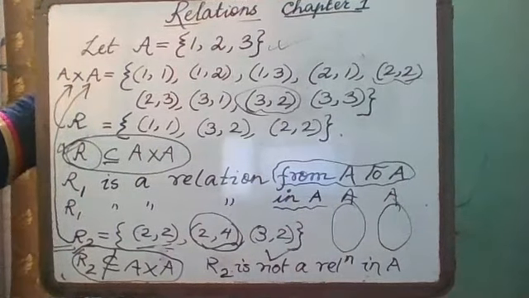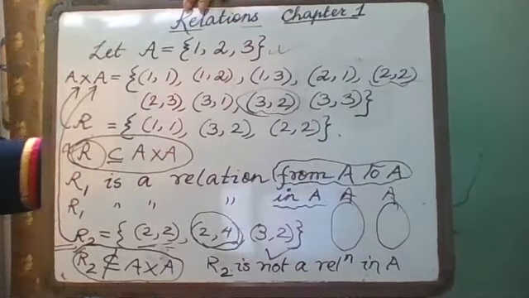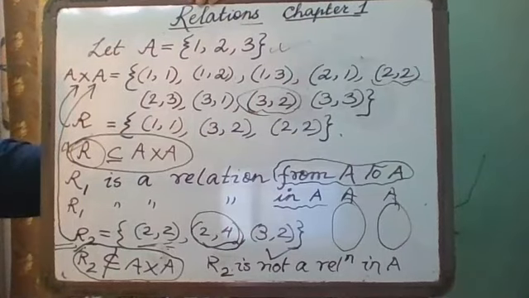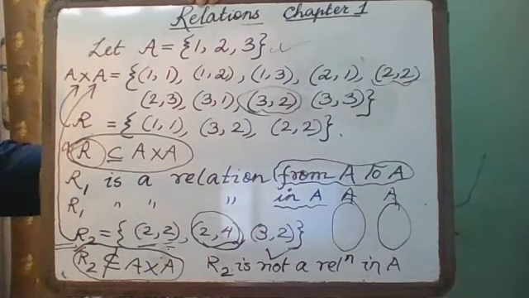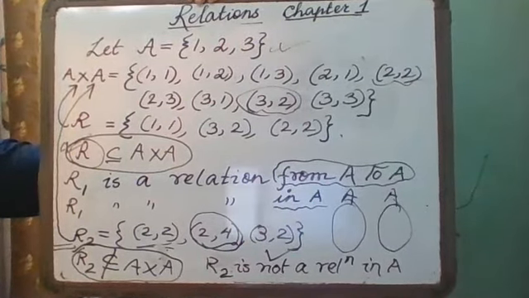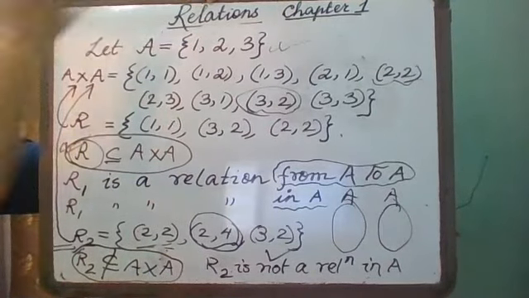Next step, what is written in your copy? If ordered pair A comma B belongs to R, we say that A is related to B. And how do we write? A capital R B. Now same thing here also.